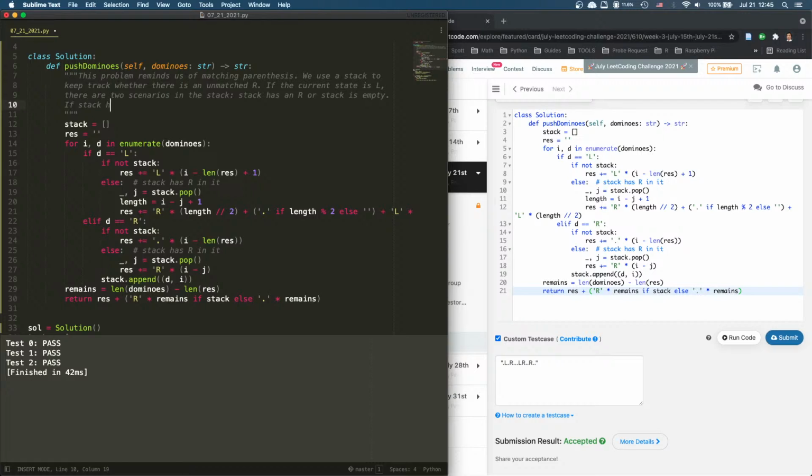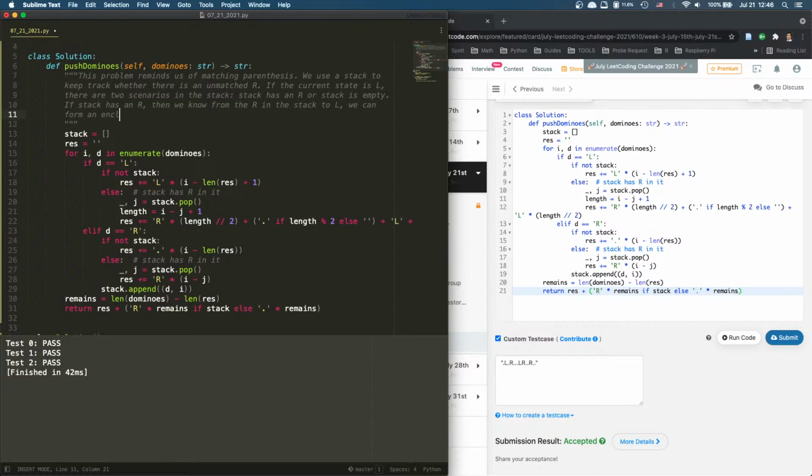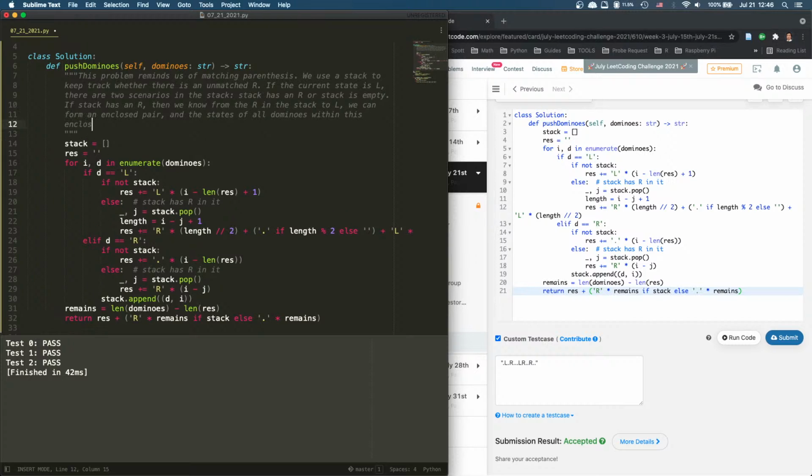If the stack has an R, then we know from the R in the stack to the L, we can form an enclosed pair, and the states of all dominoes within this enclosure can be easily computed.